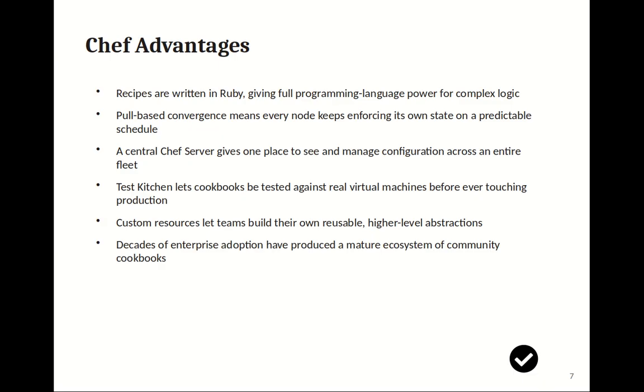Test Kitchen lets cookbooks be tested against real virtual machines before ever touching production. Custom resources let teams build their own reusable, higher-level abstractions. Decades of enterprise adoption have produced a mature ecosystem of community cookbooks.